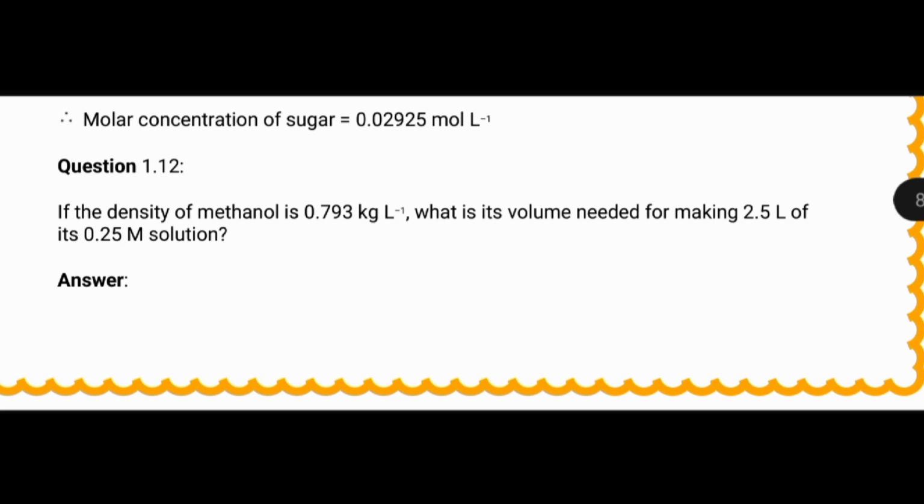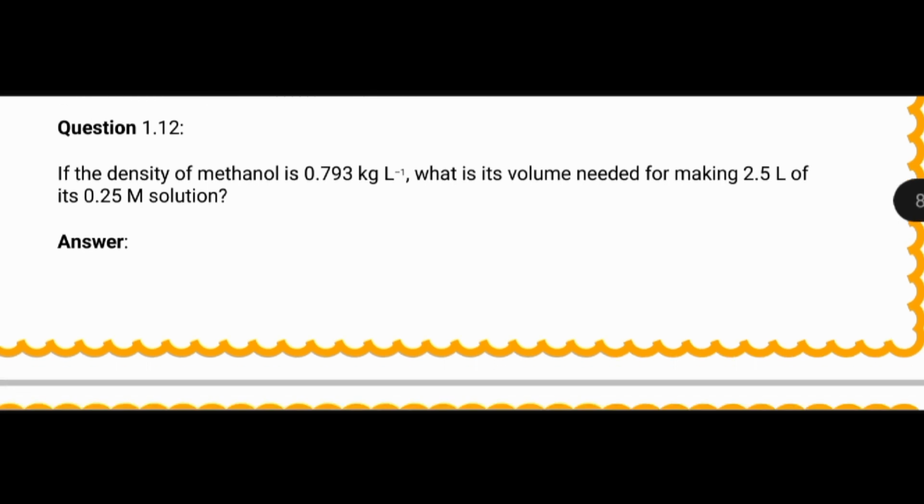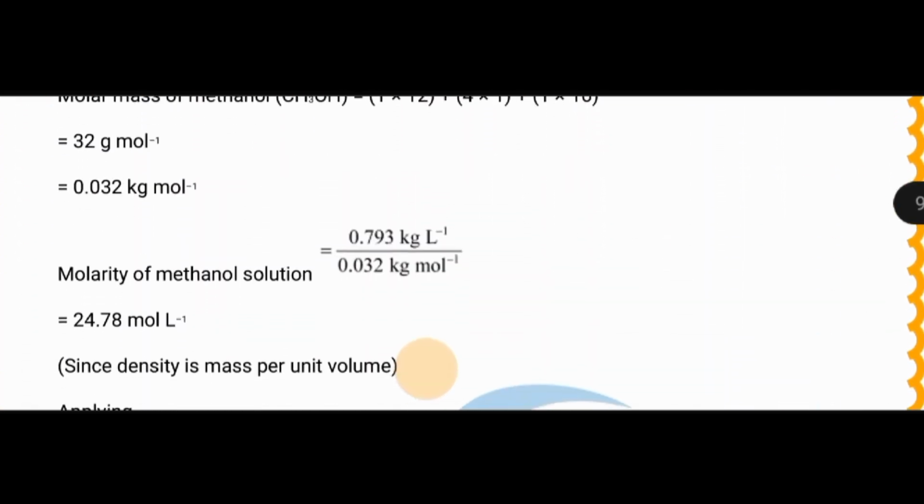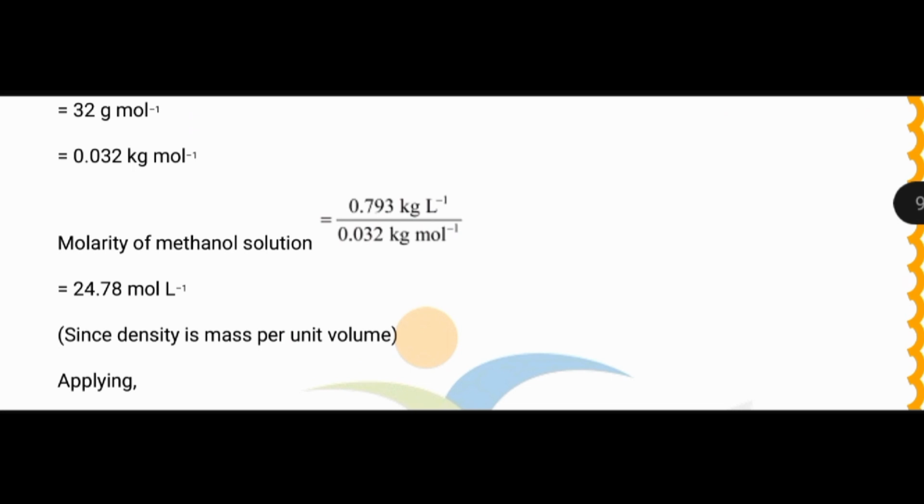So by applying the molarity volume equation, that is M1V1 is equal to M2V2. M1V1 is the solution that you use, M2V2 is the solution that you prepare. M2 is 0.25 and V2 is 2.5 liters. So firstly you have to calculate the molarity. Now how can we calculate the molarity?